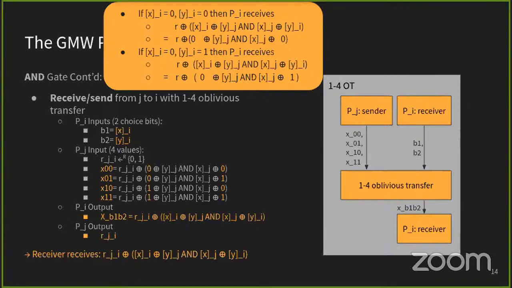It's not quite clear. Kev sent something in the chat, just say here, malicious GMW. Actually, I think the idea of this compiler is coming from the same authors as the protocol.